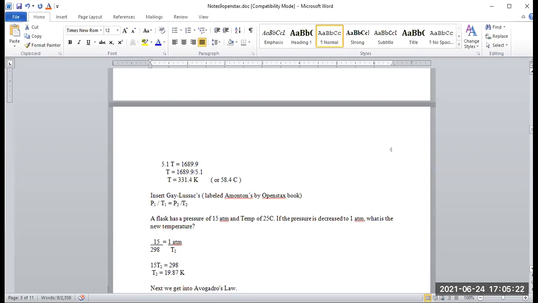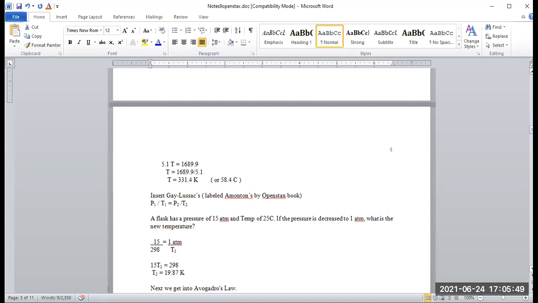It somehow gets labeled Amontons' in your textbook. I'm not really sure. It doesn't actually affect how the equation works. It's just if you are looking for additional examples, you may have better luck Googling Gay-Lussac as a way to look for additional examples.